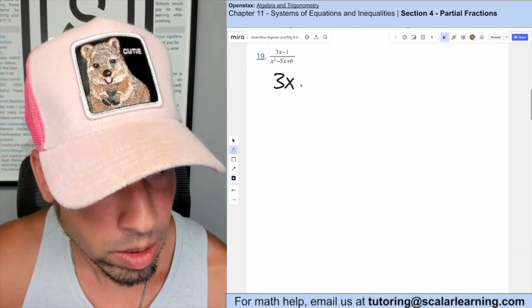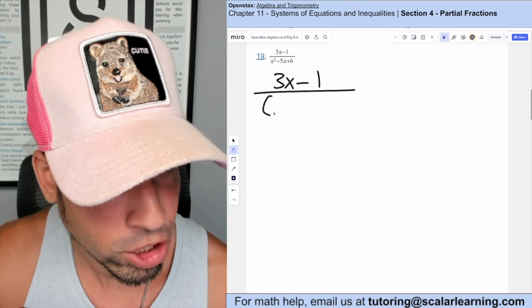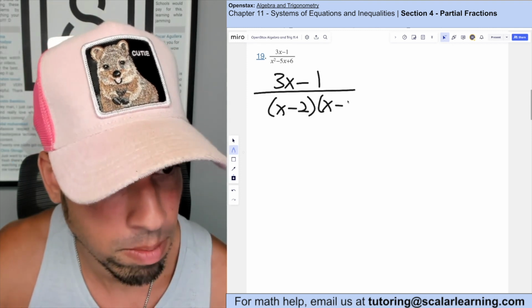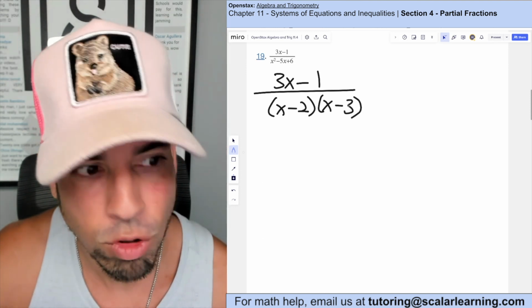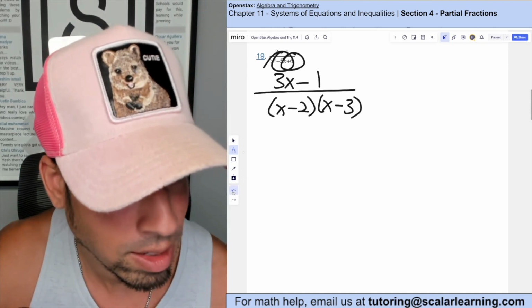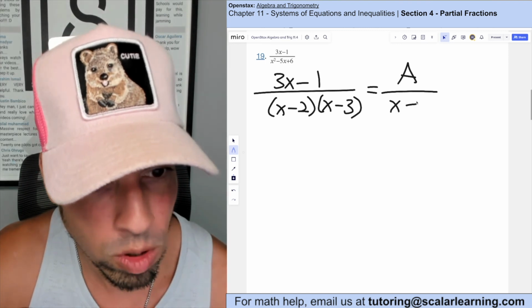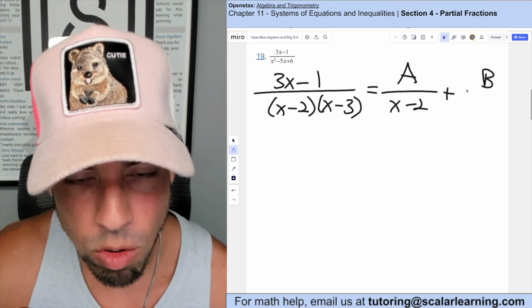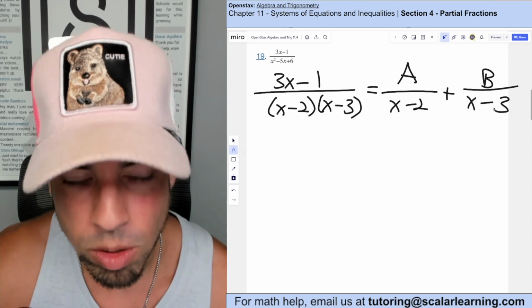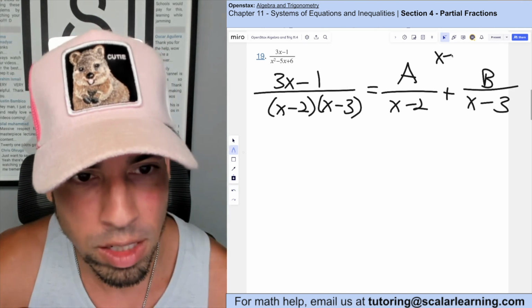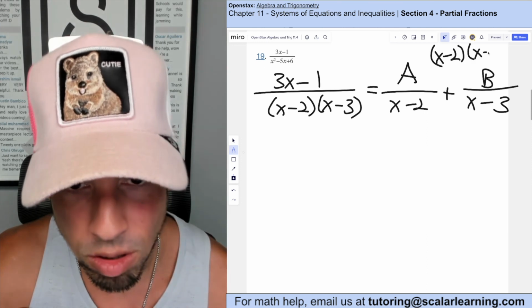Boom, done. So for this one, we're going to start by factoring that denominator, right? Which is x minus 2 times x minus 3, because negative 2 and negative 3 multiply to 6 and add to negative 5. And then this equals a over the first one plus b over that second binomial. Cool. Next step, we're going to multiply both sides by this denominator, x minus 2, x minus 3.